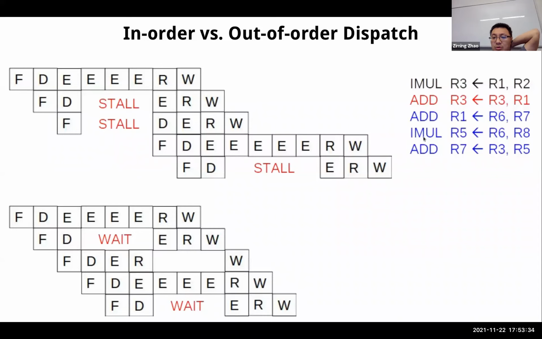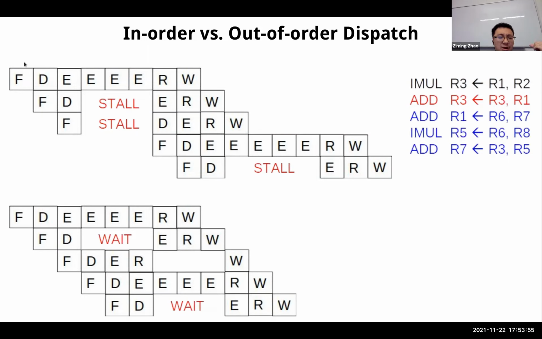Then this multiply is also not related to the add one. This one is related to this one because it uses R5, and R5 has a value generated from R6 and R8.